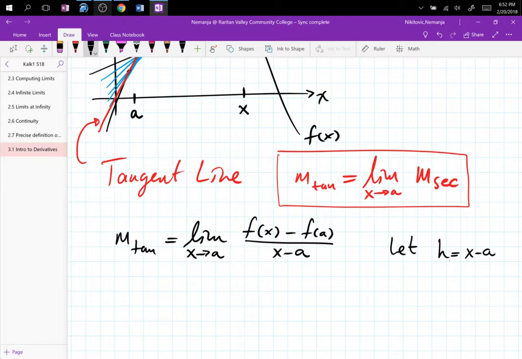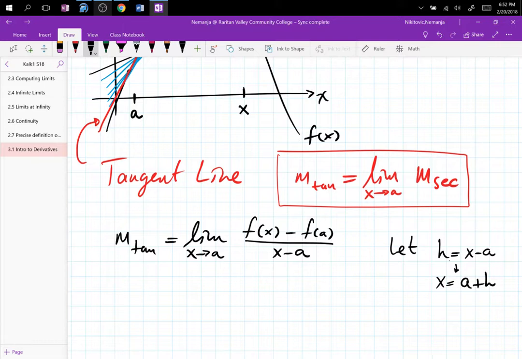Well, if I'm eliminating x's, then x better be h plus a, or a plus h, whatever. A plus h, there we go. So this is the consequence, right? We make the definition, h equals x minus a, which is the denominator. And then from there, if you solve for x, because we need it for substitution, you get this.